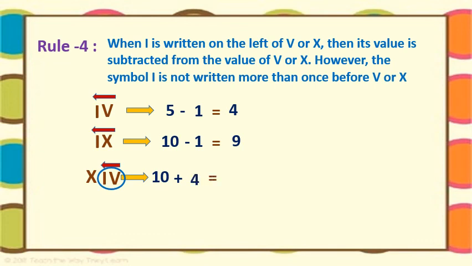Right? So I am adding this 4. This is 14. And one more. See again. Same thing here also. That is IX. What is that? Up you can see in the second example. That is 9. So it is 90. Okay. This is about the rule 4.